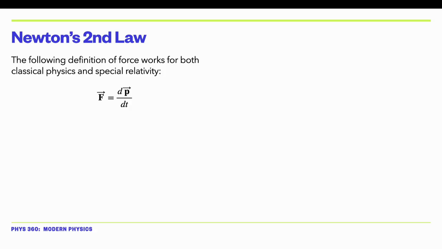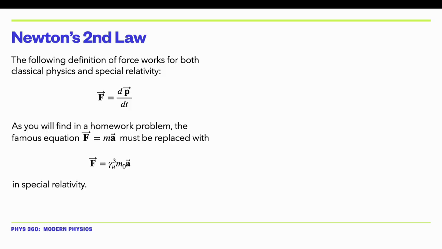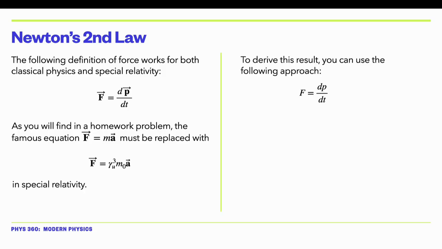Okay, so Newton's second law. It turns out that Newton's original formulation of his second law, which was that the force is the time derivative of the momentum, does apply to special relativity, so this works. F equals ma doesn't work. So you can show in a homework that if you start with this definition, force is equal to gamma cubed times mass times acceleration.